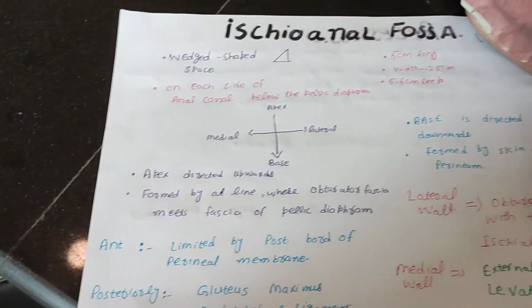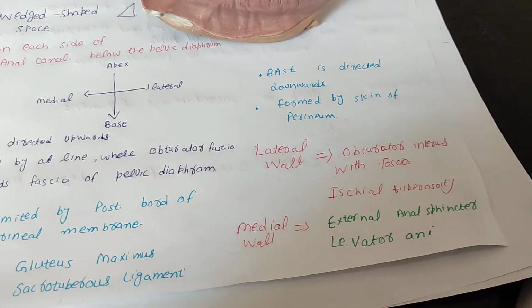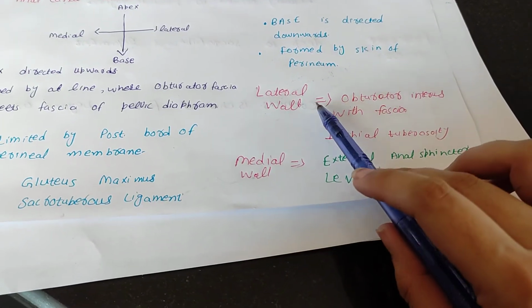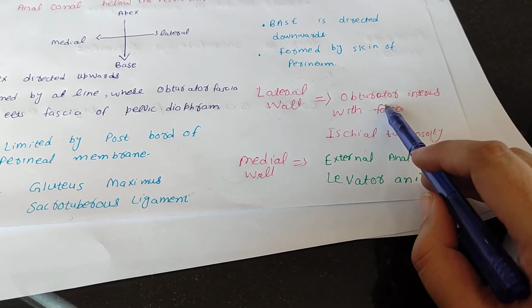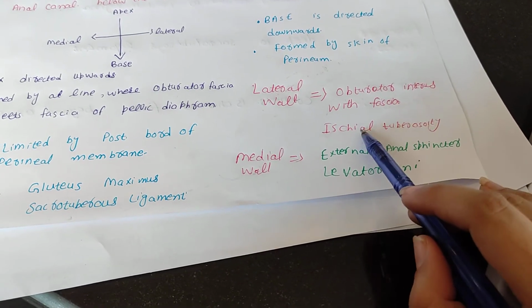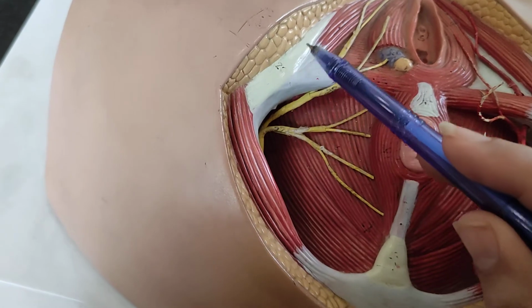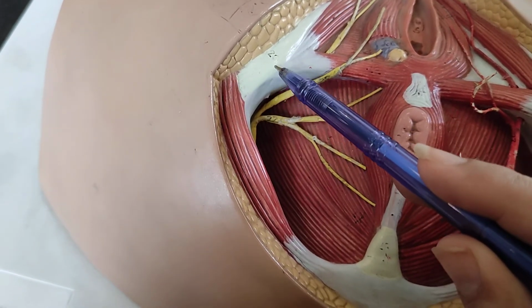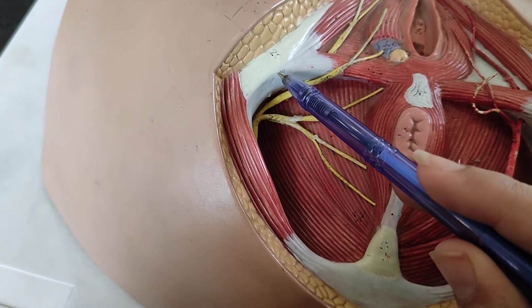Now comes the medial and lateral walls of the ischial fossa. The lateral wall is covered by the obturator internus with fascia and also the ischial tuberosity. So that should be the lateral wall, and that is covered by the ischial tuberosity and obturator internus with fascia.